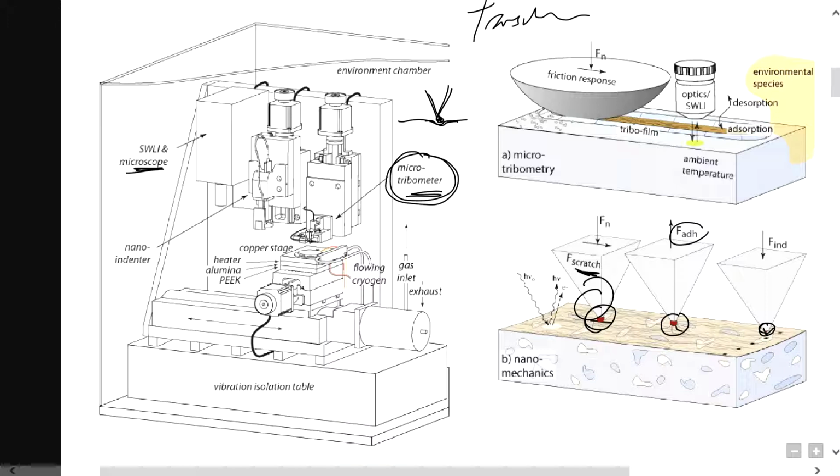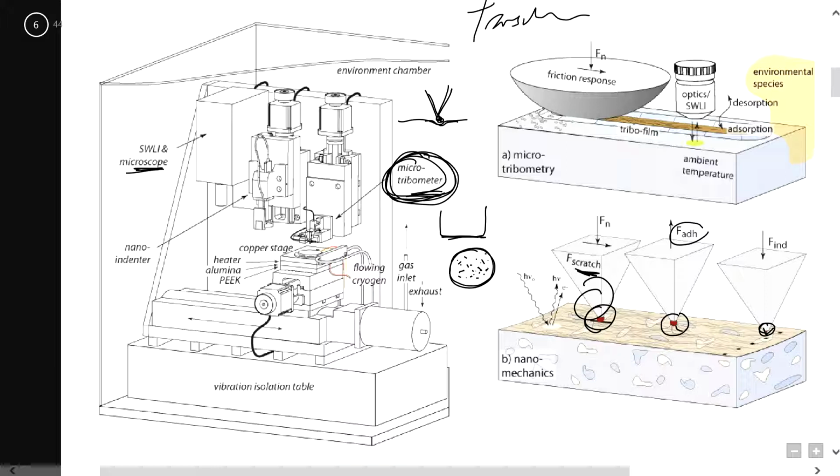For example, let's say this is the micro tribometer, and this is the surface. If it's round, this surface is full of micrometer-scale surface roughness.